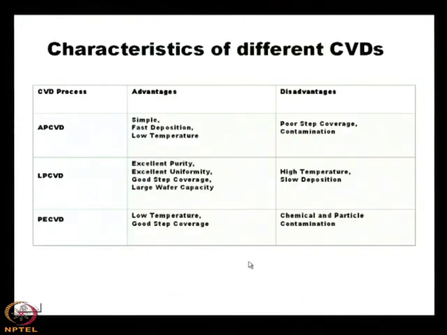Okay. So, then the next issue is PECVD, plasma enhanced chemical vapor deposition. In APCVD or LPCVD, where does the energy come from? Because the energy is required for which purpose?